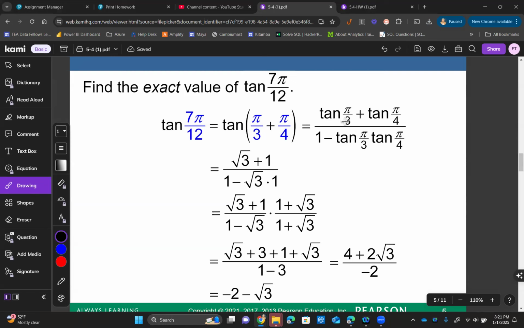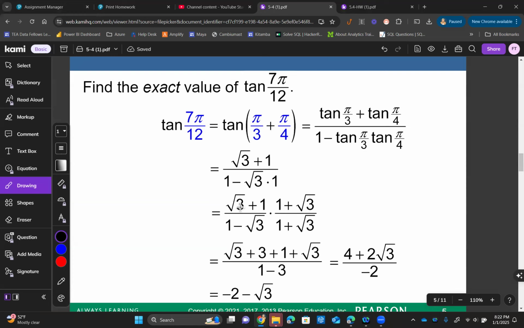So tangent pi over 3 is root 3, but tangent pi over 4 is just 1. All over 1 minus tangent pi over 3, which is root 3, but this time we're multiplying by tangent pi over 4, which is 1. So the numerator is root 3 plus 1, and then in the denominator, we have to do the multiplication first, but multiplying by 1 gives us just the same radical. So the denominator is 1 minus root 3.